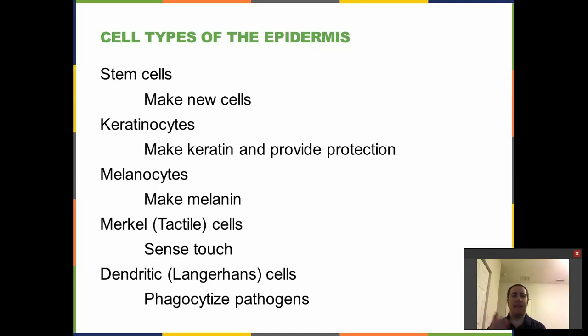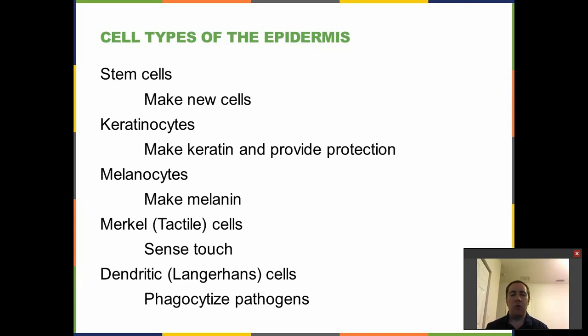We have Merkel cells, which are also tactile cells. It just depends on where you're reading about it. Are they naming it after its function, tactile or feeling, or are they naming them after the person, Merkel, that discovered them? But they are for sensing touch.